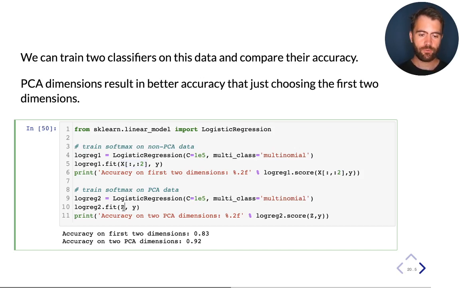Then I do the same thing, but using the data in the PCA coordinates, and the accuracy of a softmax classifier. Recall this is multinomial logistic regression. That is the same thing as a softmax classifier. The accuracy of the supervised algorithm is significantly higher on the PCA dimensions than it is on just the first two dimensions in the data.